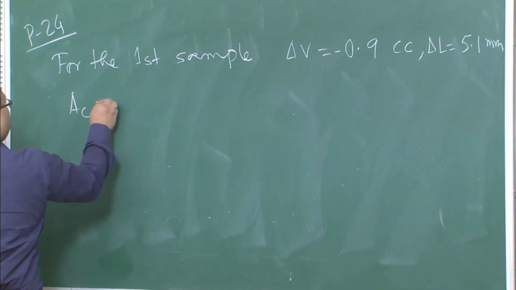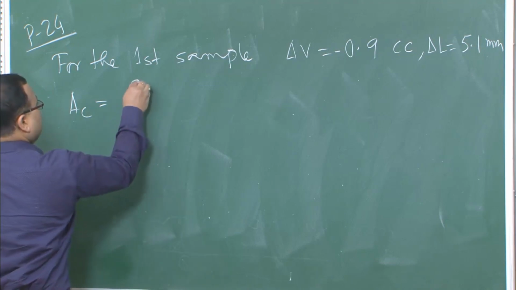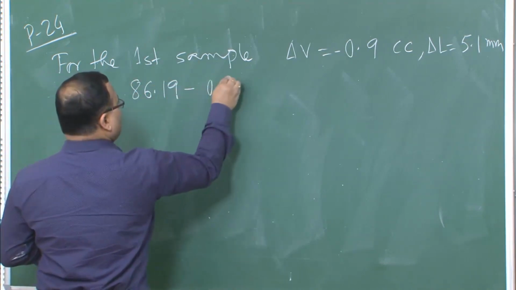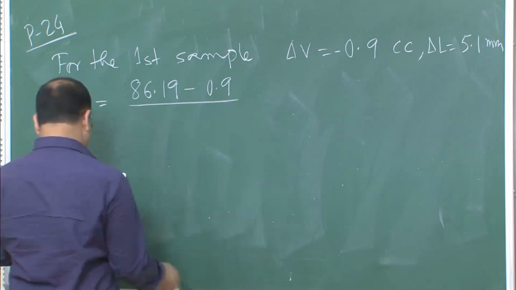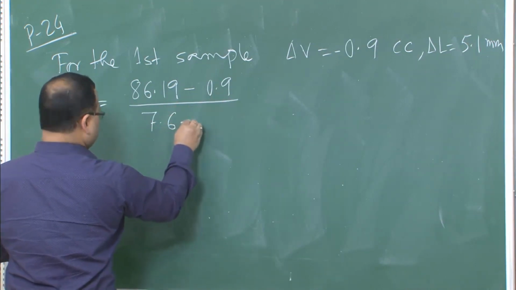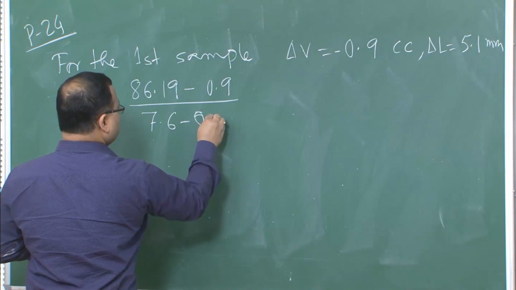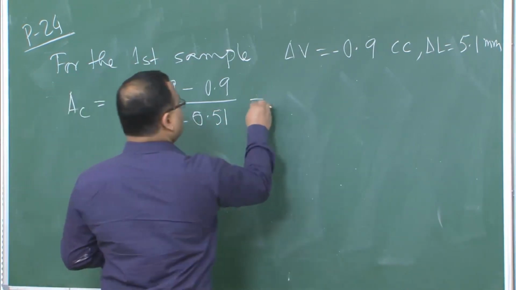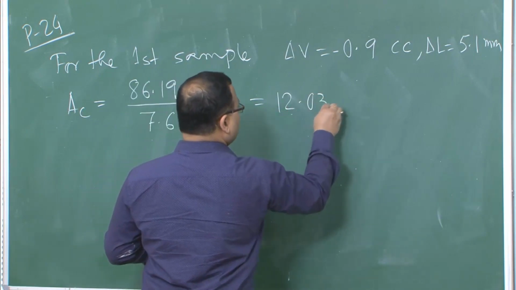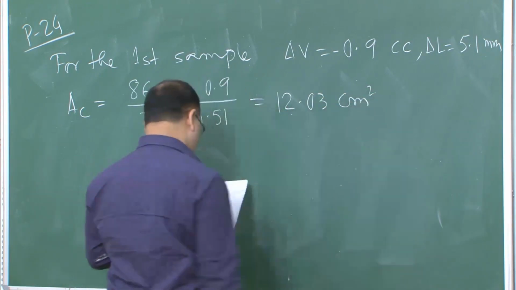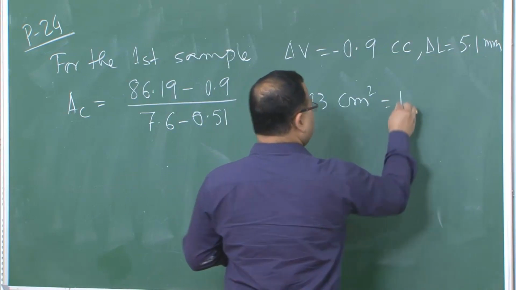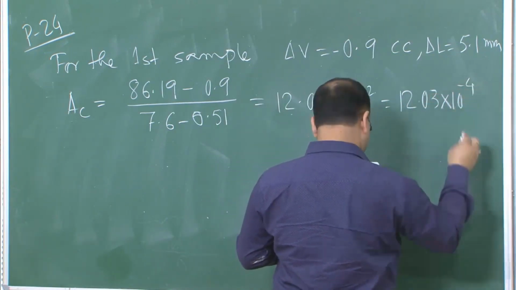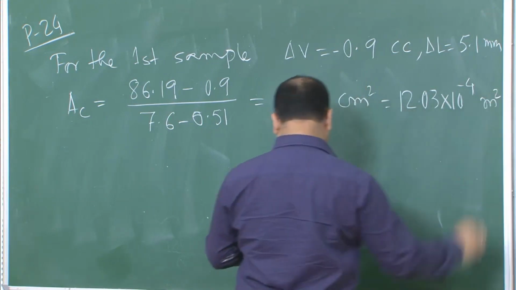Therefore, the corrected area will be 86.19 minus 0.9 divided by 7.6 minus 0.51, which gives me 12.03 centimeter square, which is nothing but 12.03 into 10 to the power minus 4 meter square.